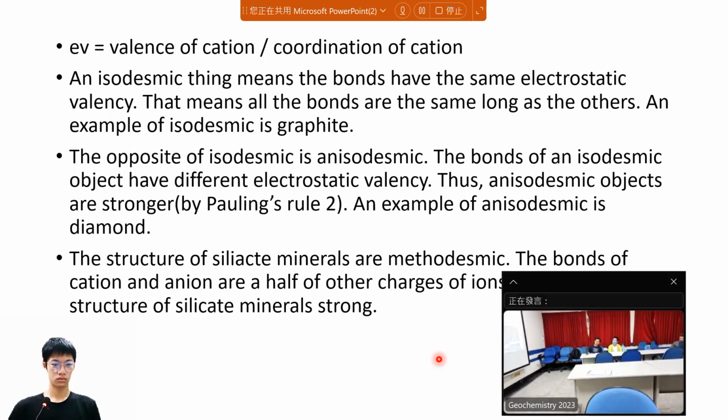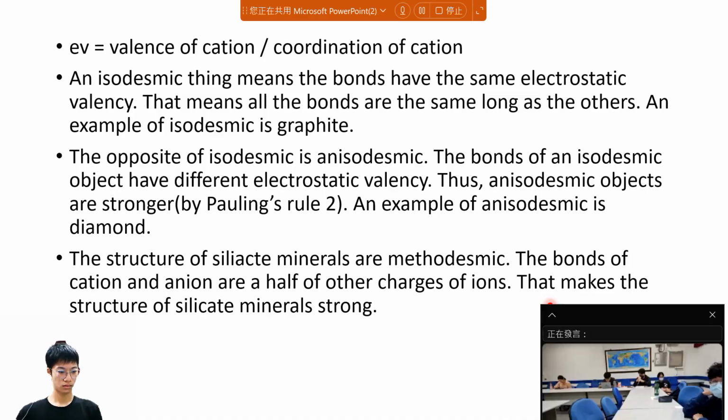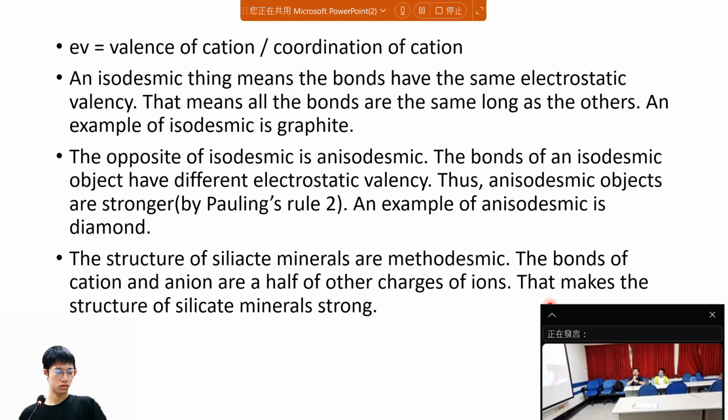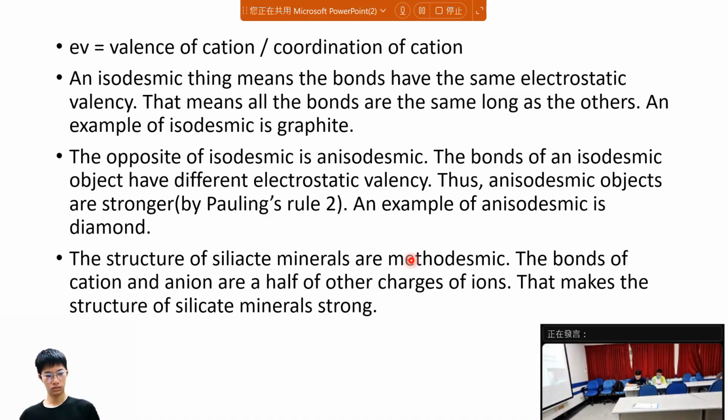What is mesodesmic? The cation-anion bond strength equals exactly half the charge on the anions. But that sounds like isodesmic. Gary said the bond strength between oxygen and silicon, or oxygen and another element, is the same.